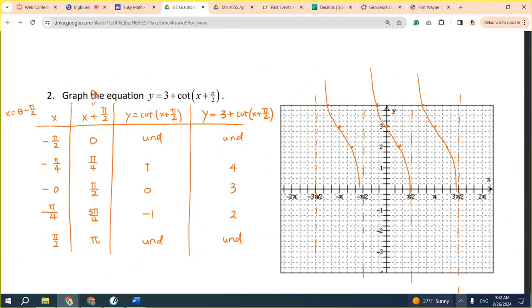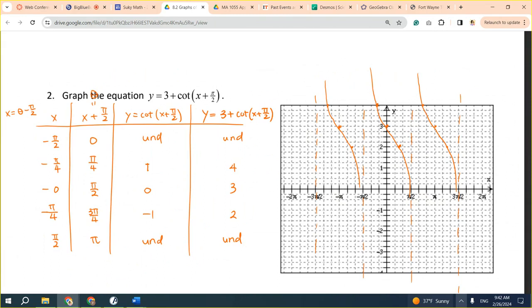And then for those 2 columns, you just copy down the numbers from the formula sheets. So remember those 5 key points? Your theta is from 0, pi over 4, pi over 2, 3 pi over 4, and pi. And then your x values is like this, right? It's from undefined, 1, 0, and -1, and undefined.